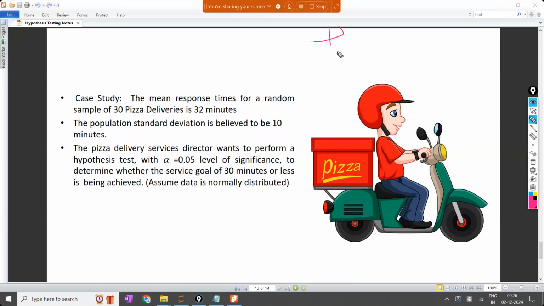The null hypothesis says that mu is less than 30 minutes, whether the service goal of less than 30 minutes is being achieved or not, for which we take no action.